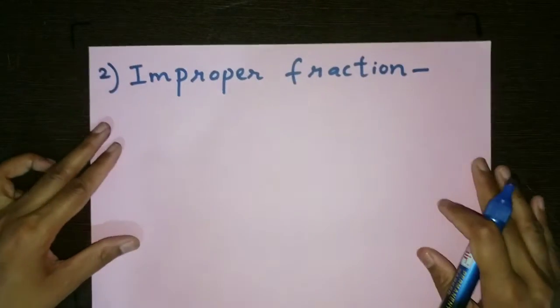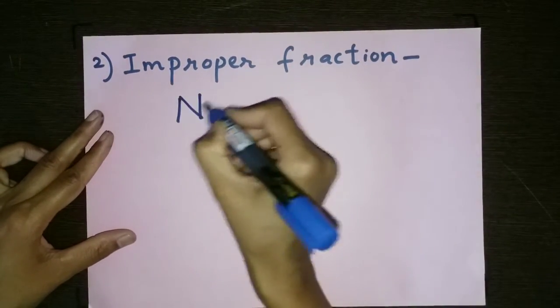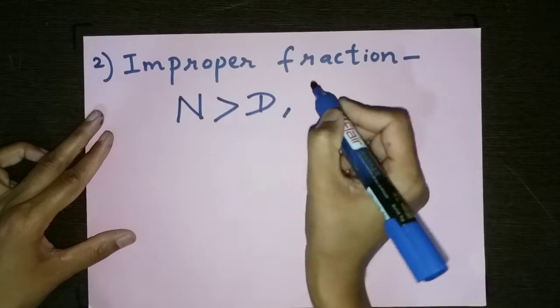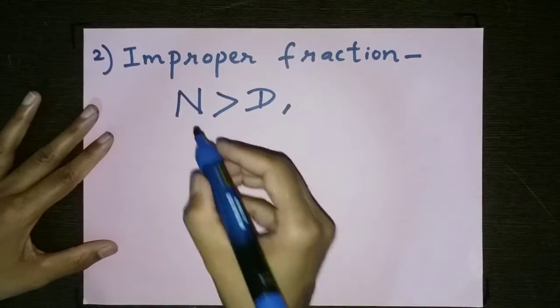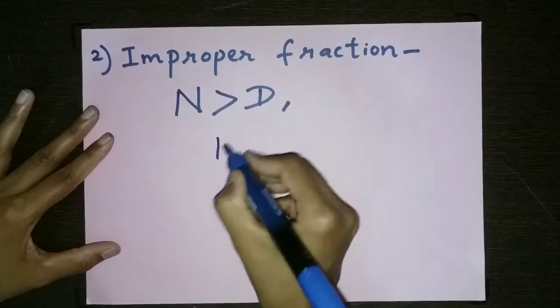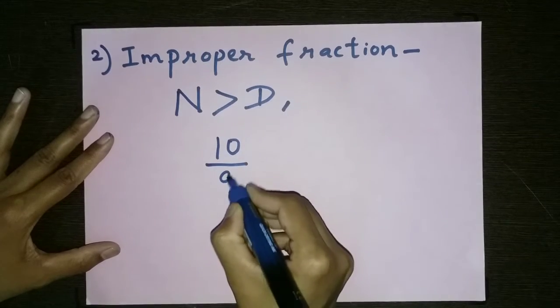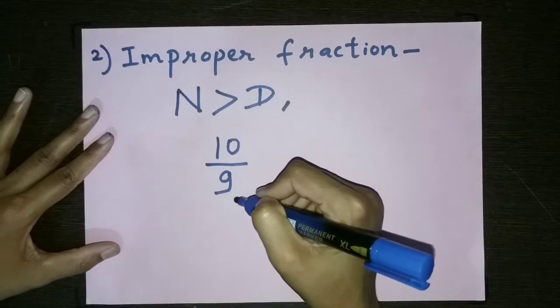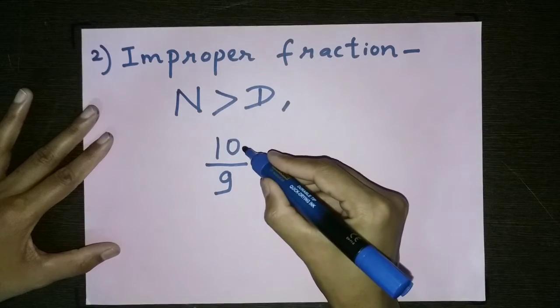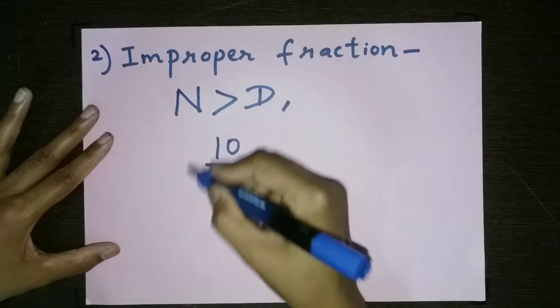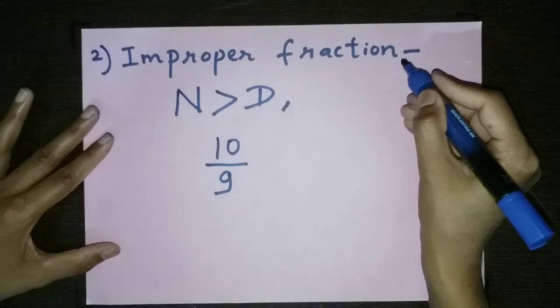Now let's discuss the improper fraction. An improper fraction is a fraction in which the numerator is greater than the denominator. Suppose I consider an example like 10 upon 9 or 10 by 9. Here the numerator is greater than the denominator, so this is an example of an improper fraction.